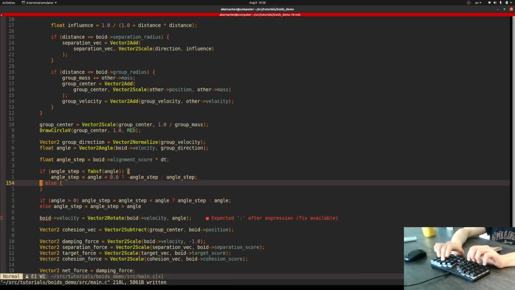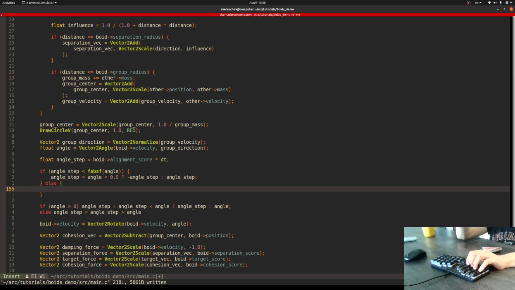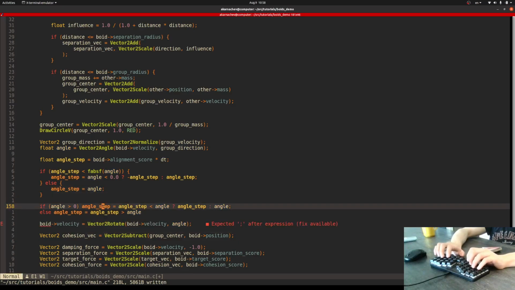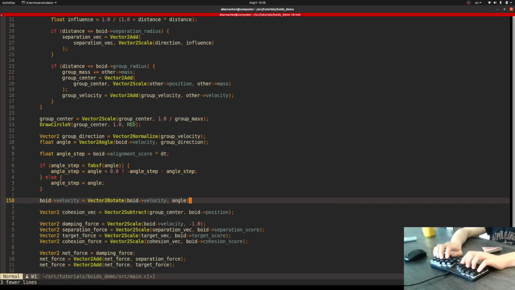Else, if angle step is greater or equal to angle, I take just angle. Whew. It was hard, but maybe it's not a correct solution.